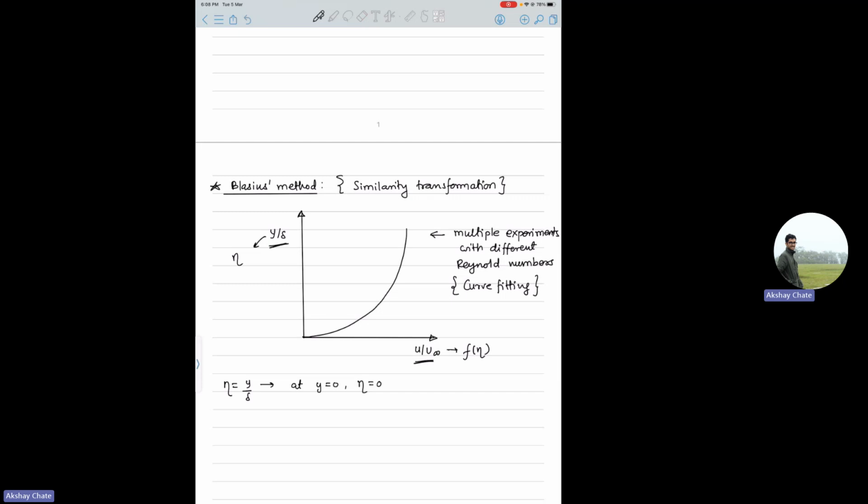Whereas when your y reaches delta, or y approaches your boundary layer thickness, your eta value goes from 0 to 1. So you have a variable which varies from 0 to 1 within a boundary layer at a particular location.